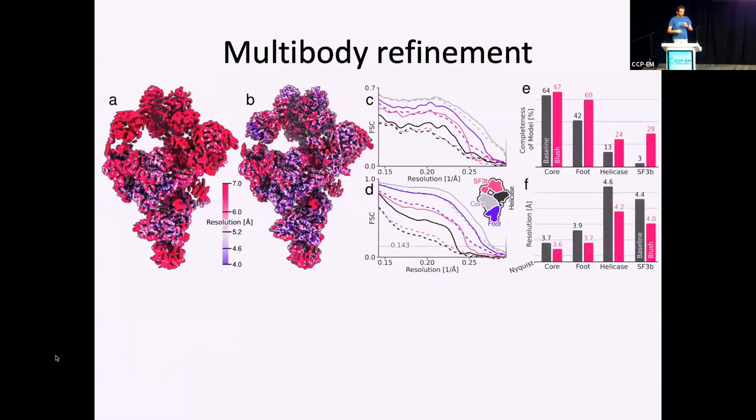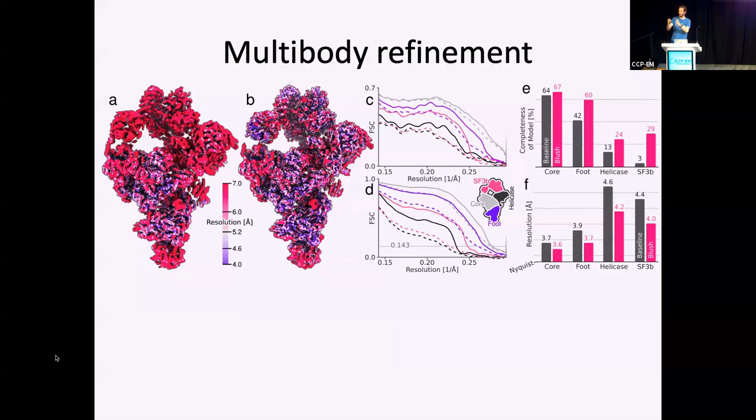Now, because it's especially good at making overfitted refinements better, that's when the signal to noise ratio is small, and that happens if you have small complexes. I'll show you an example in a minute. But also if you have large complexes where there are motions in between the different domains, then you can separate them up into individual independently refined bodies in what we call multi-body refinement in Relion.